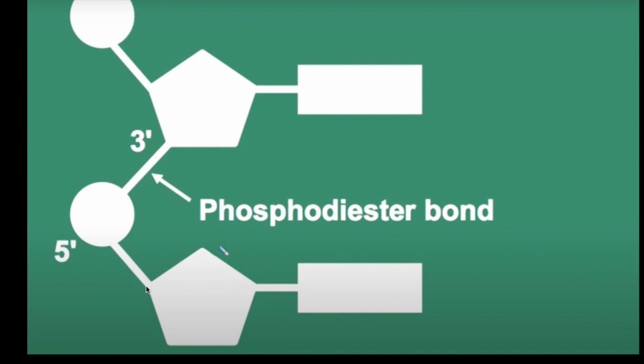Where you have carbon atom number 5 here, you will allow another nucleotide with its carbon atom number 3 to plug in here. Now there's a condensation reaction happening here, like we spoke about earlier in this section, and a phosphodiester bond is formed with the 5' end of this nucleotide plugging into the 3' end of another nucleotide, 5' to 3', and then you keep doing this until you get a chain of 5.